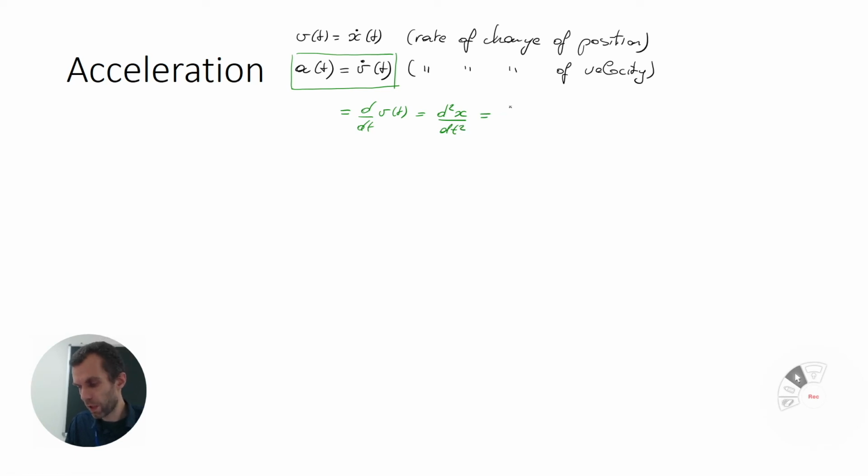And there's many notations. We can write this as x prime prime of t, but we can also write this with the dot notation as x dot dot. The important thing here is that we have the second order derivative of the position.